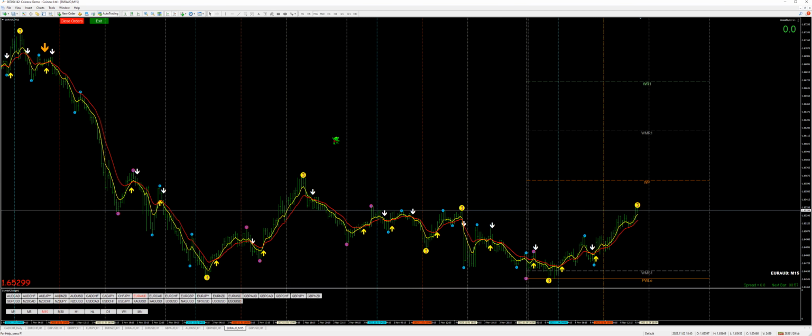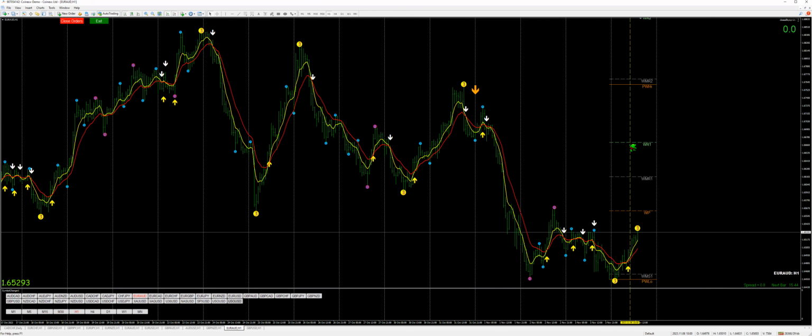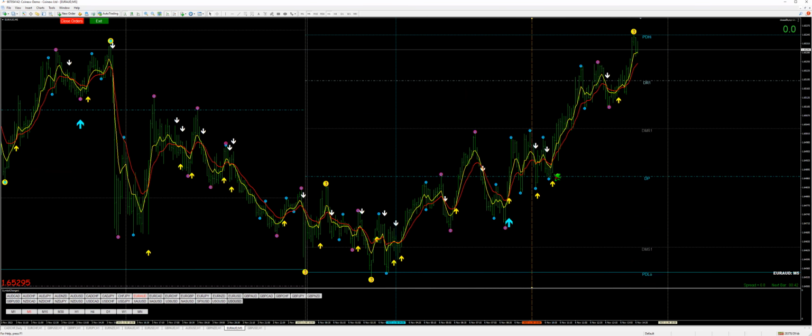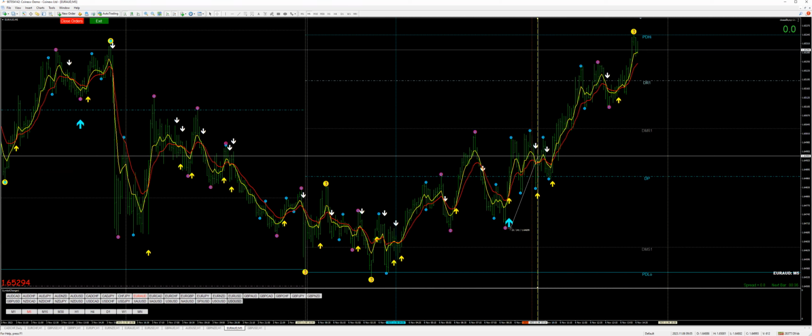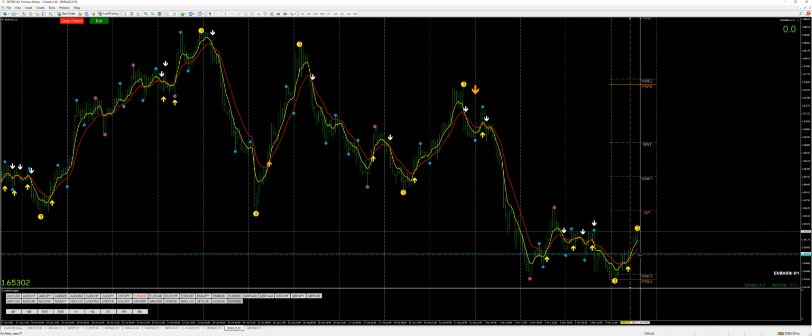Here's my 15-minute and the 5-minute entry. 5-minute entry is here. Stop loss over here, 24 pips. And I'm basically still in the trade, I think. Here's the entry. Yeah, I'm still in the trade, and that's 38 pips. 40 lots, 38 pips.